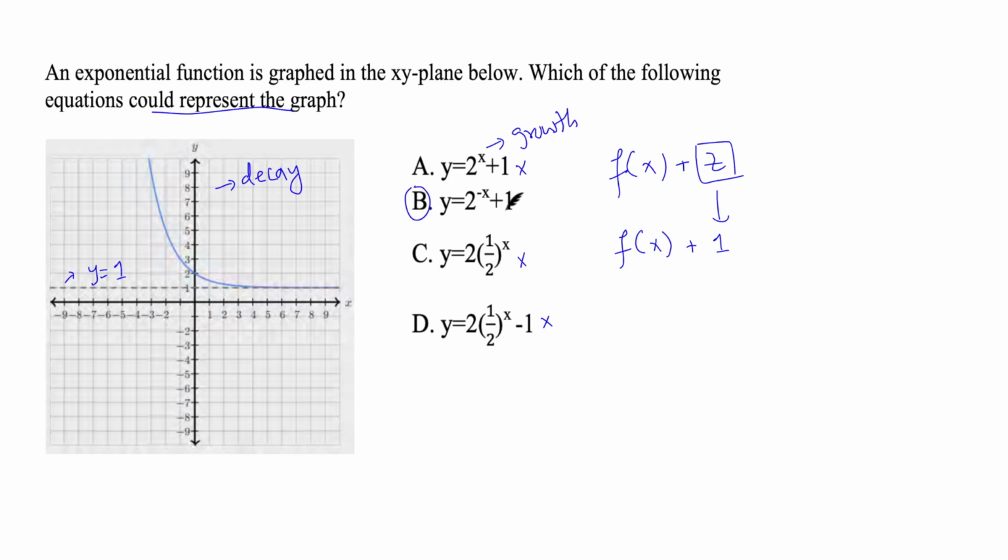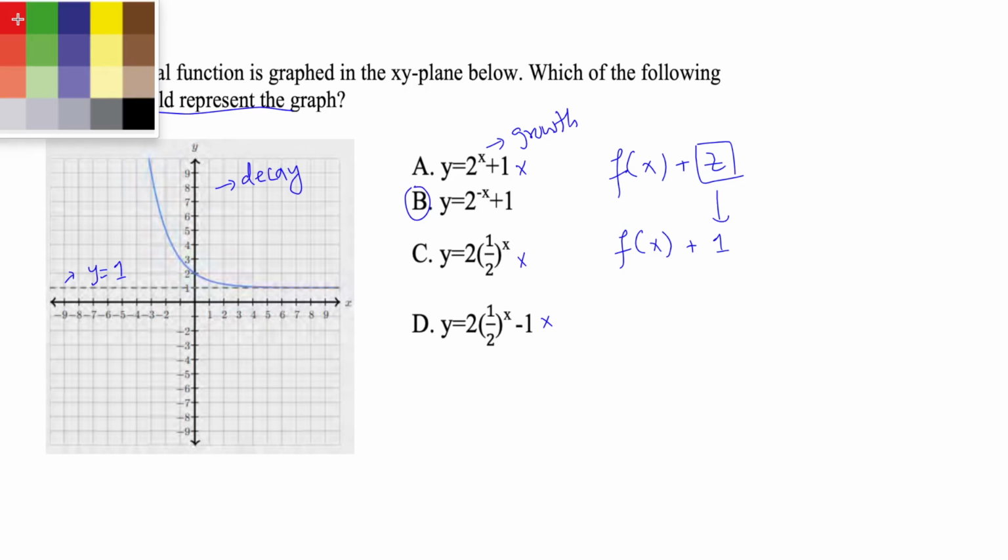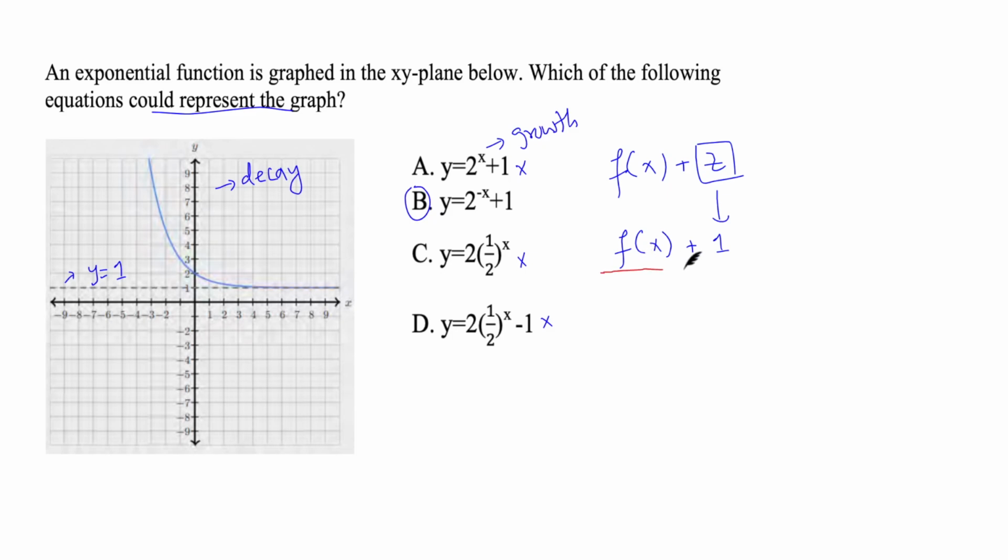This is something that every student should be able to do. And if you are a little smart, you should immediately identify that this graph is basically a reflection across the y-axis. How do I know that it's a reflection across the y-axis? Because my x is negative.